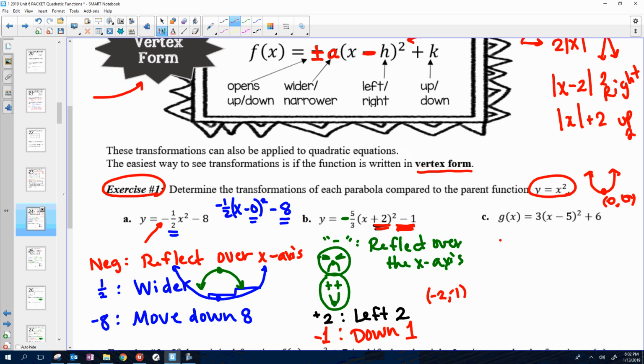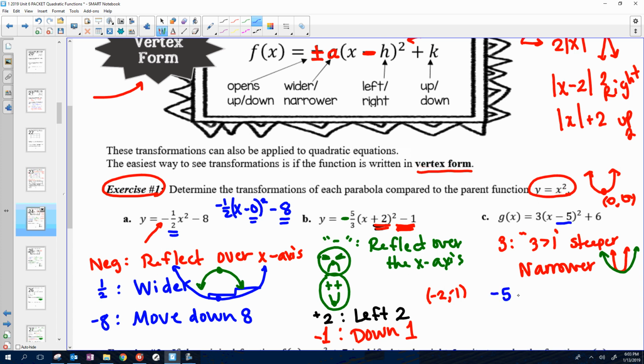Letter C, the 3 is a number bigger than 1. 3 is bigger than 1. Graph's going to get steeper. And what's going to happen is that means it's getting narrower. So it's going to get steeper, narrower, as opposed to the parent graph that might look like the green one there. Okay, then we have a 5 inside with a minus.